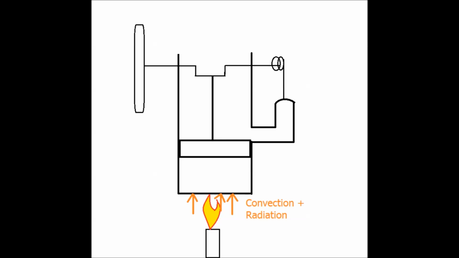What I mean by radiation is that the radiation of heat from the candle itself is transferred directly to the metal under the Stirling engine, and then the convection from the chemical reaction of the hot fire and hot burning mixture transfers the heat from the burning candle to the bottom metal of the Stirling engine.